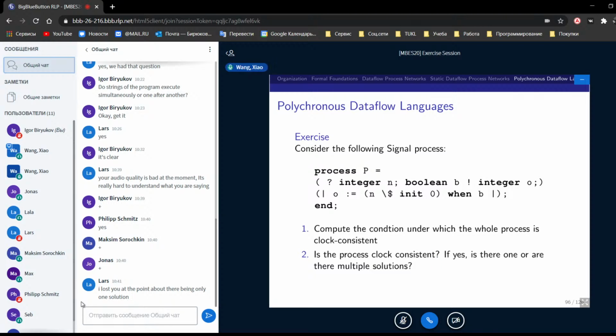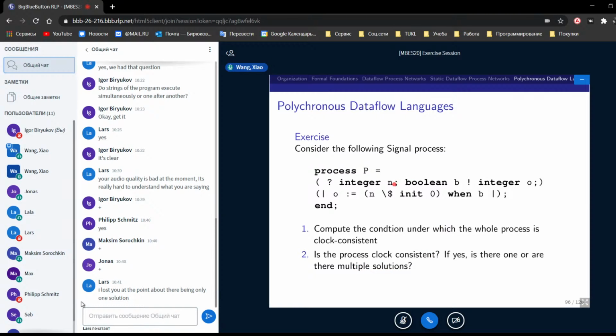For some groups there might be multiple solutions, and I don't understand. Maybe I understood you wrong, but there shouldn't be. Because what does that mean?